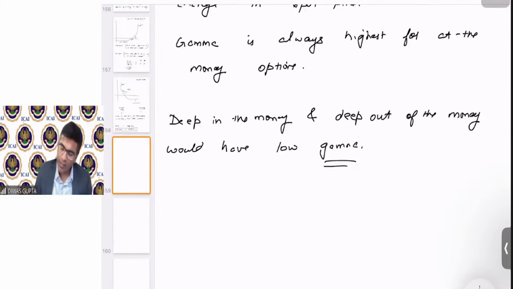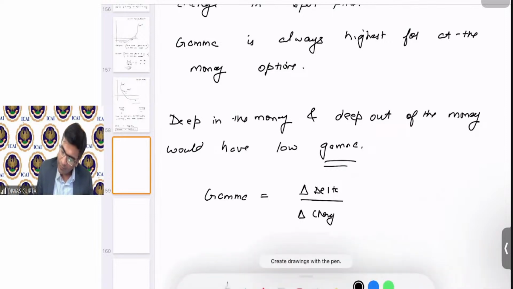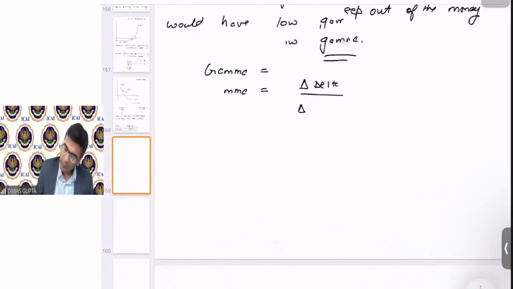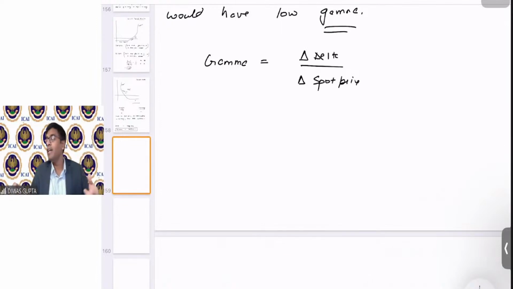Okay, so for gamma, if we want to express gamma, it is change in delta divided by change in spot price. So in a way, gamma actually measures the change in the change, the delta of delta. Okay, so gamma is delta of delta.